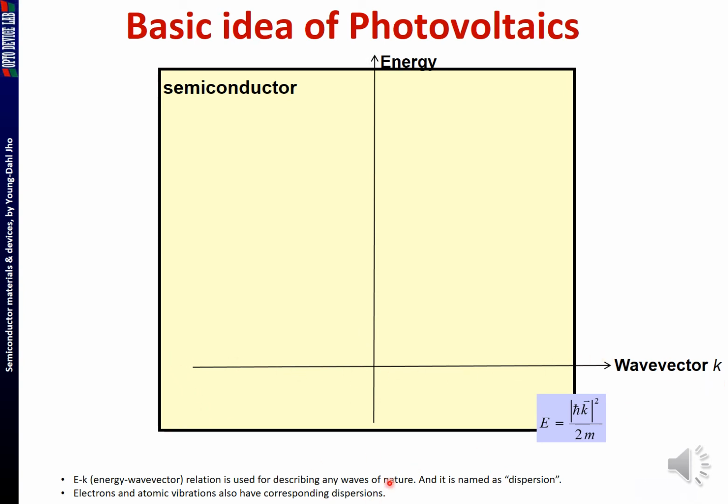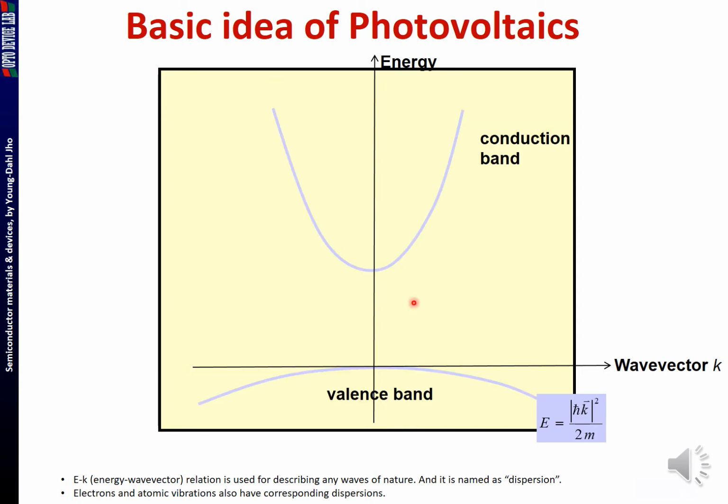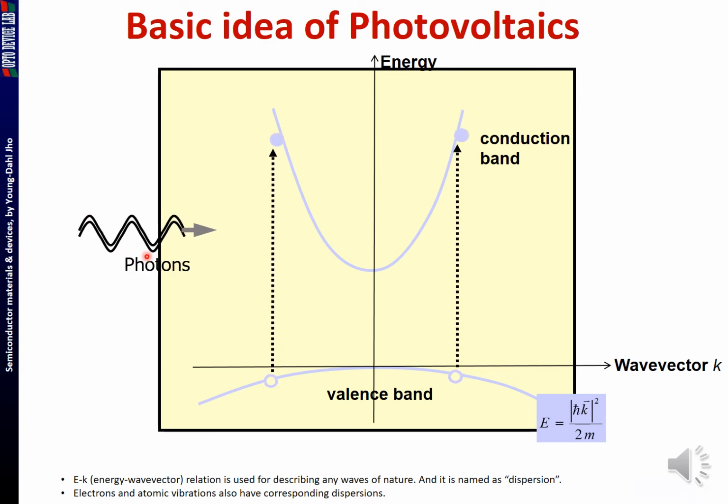When you calculate those things for each material, you can get the conduction band and valence band. In the conduction band, you have electronic states. In the valence band, you have hole states, and a photon is coming in. This photon energy is replaced by electronic energy.